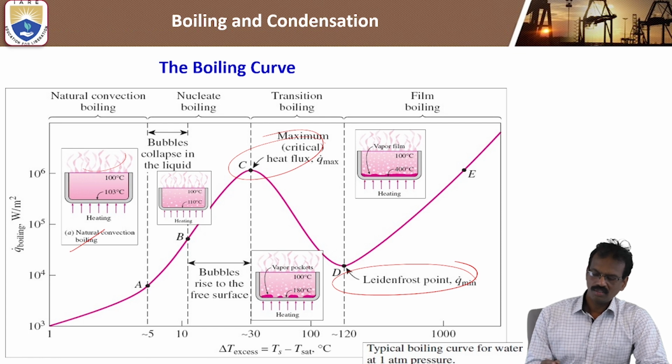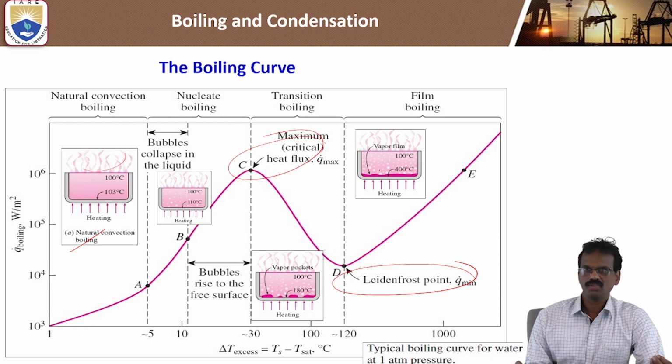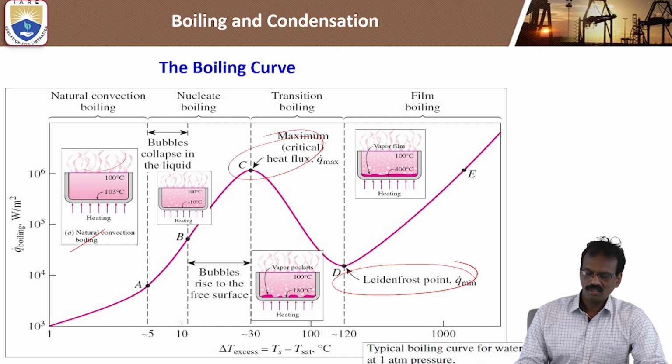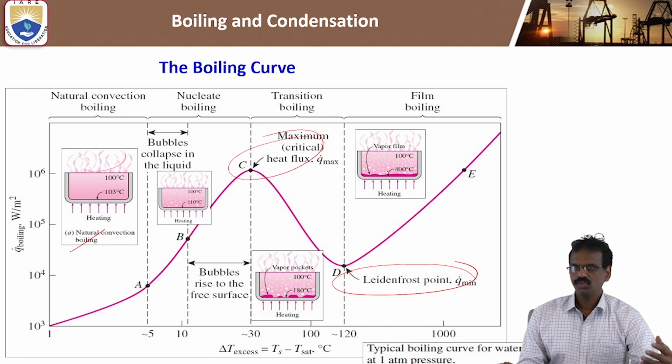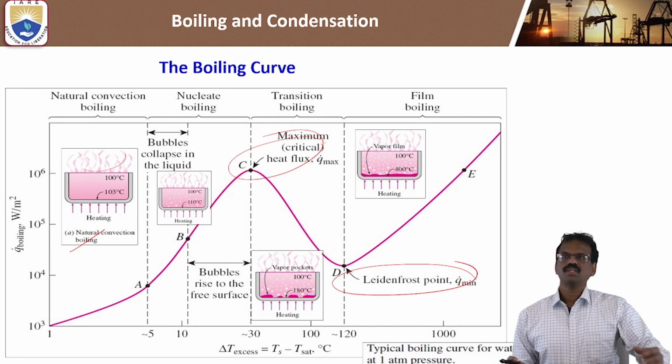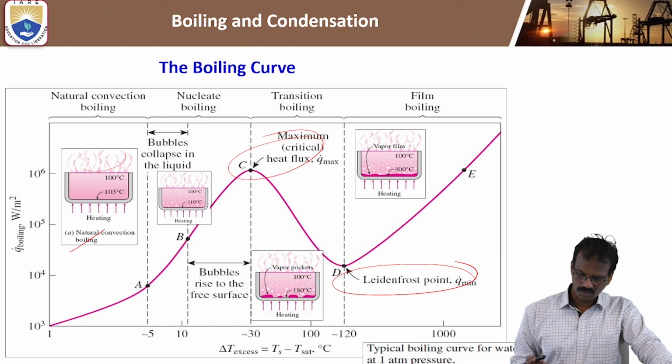Then we will see the complete covering of the vapor film on the surface. This vapor film acts like a small solid surface. Then radiation occurs from the solid surface to the vapor film. So due to the radiation process, the heat transfer rate will increase gradually. This is the process.